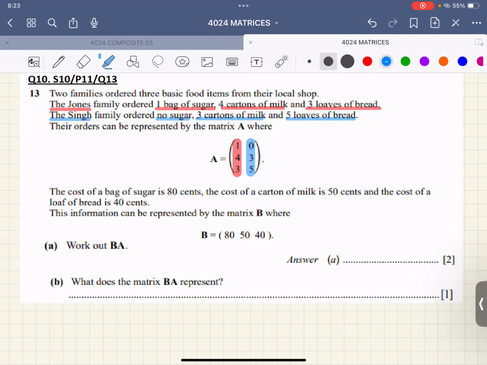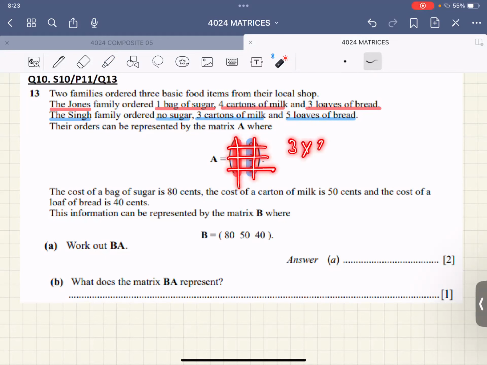Their orders can be represented by this matrix A. It's 3 rows and 2 columns. This is a 3 by 2 matrix. The cost of a bag of sugar is 80 cents. Carton of milk is 50 cents. Cost of a loaf of bread is 40 cents.